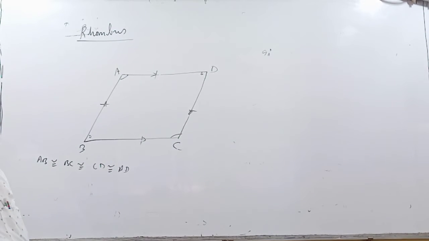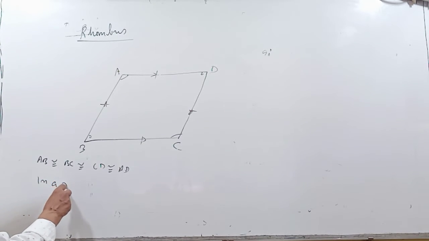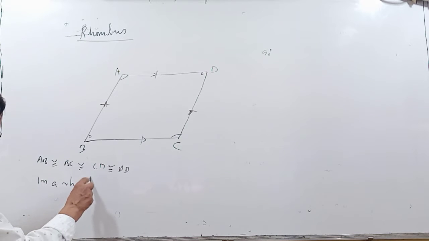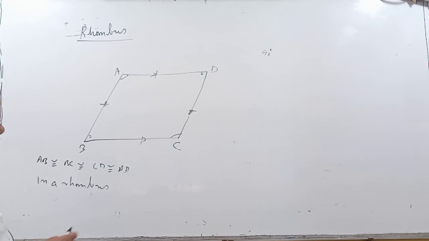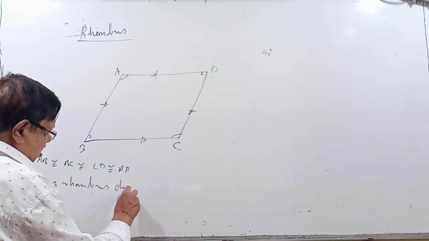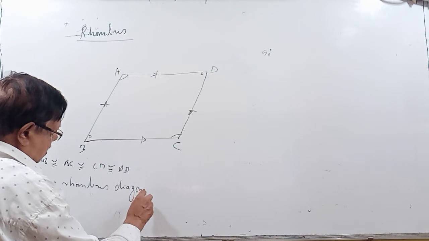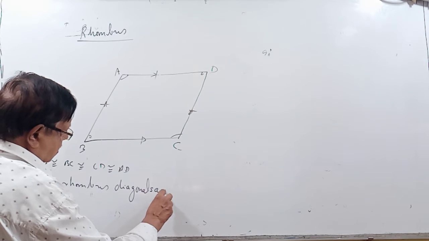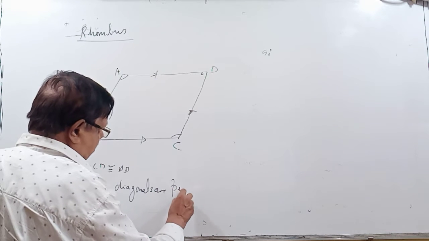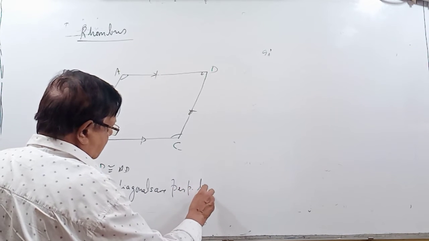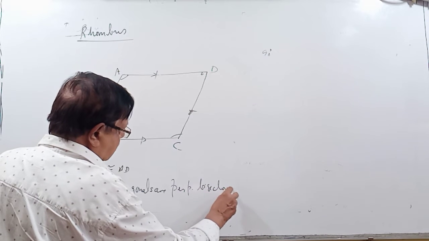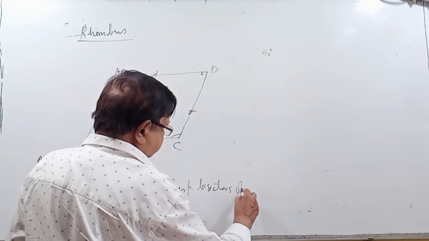Now, the important property of a rhombus. In a rhombus, diagonals are perpendicular bisectors of each other.